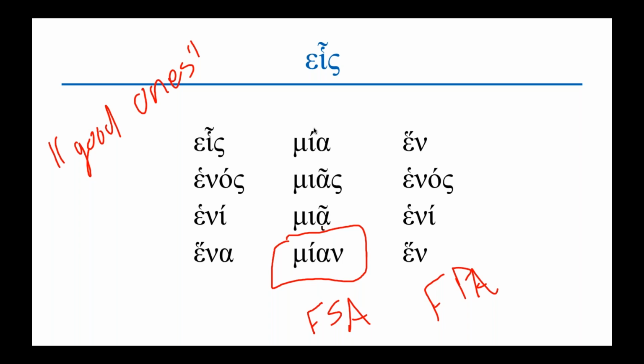You'd have to put "good" in the plural. Agathoi or agathai. If you're saying accusative, it'd be agathous, but it's something like that. It'd be agathoi if it was nominative, but you get the idea.